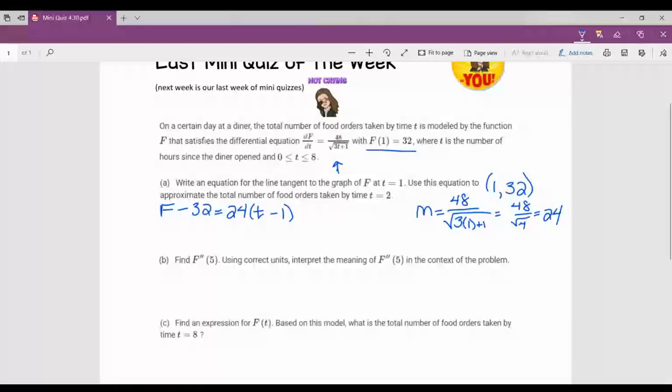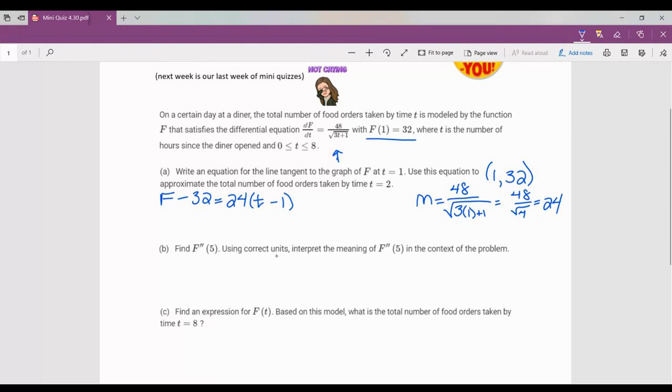So plugging in 2, we've got f minus 32 equals 24 times 2 minus 1. So f minus 32 equals 24. I add 32 over, and I get f of 2 is approximately equal to 56.